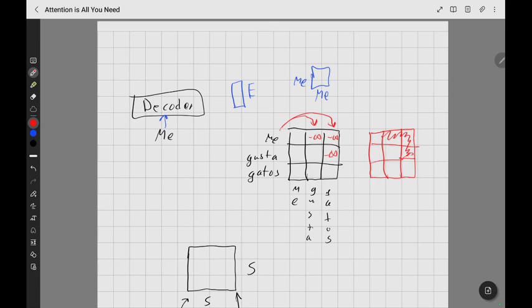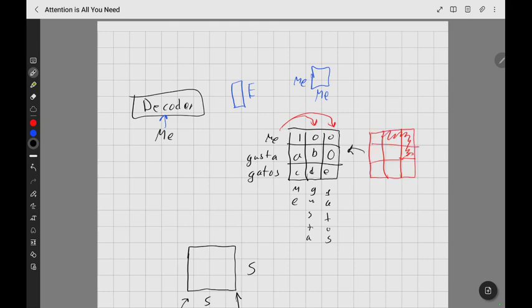The diagonal would be 1 in this case, because it has to attend to something, it has to have a distribution. So this becomes a distribution of 1, 0, 0. Then this will be A, B, 0, and this will be C, D, E, some values.